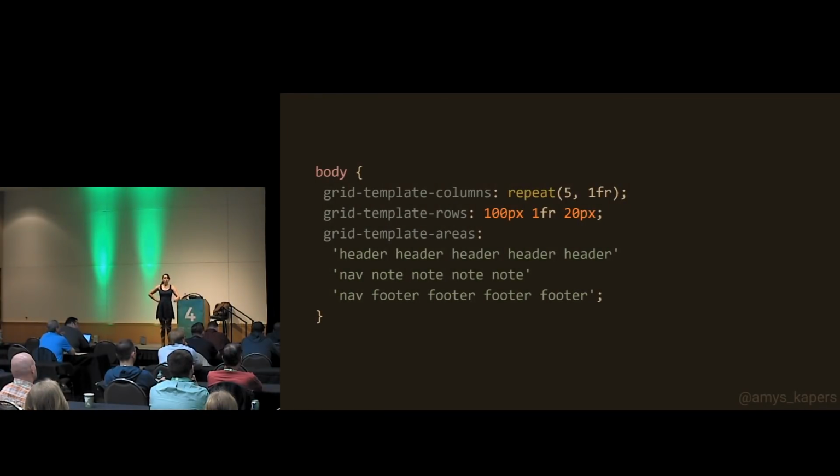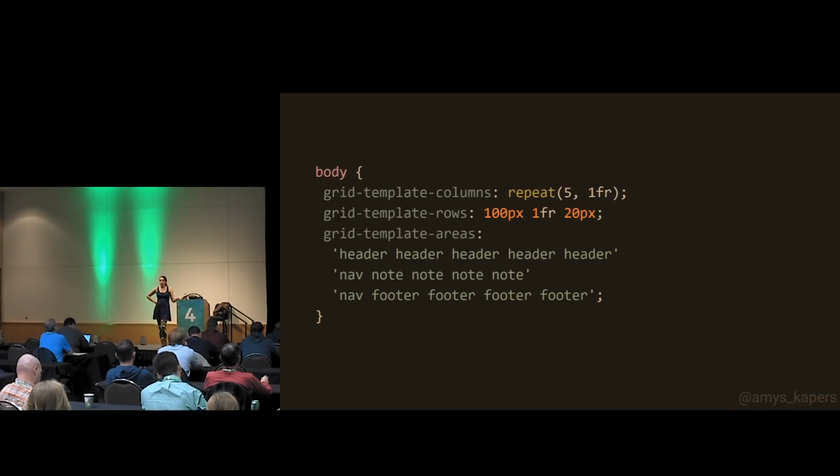Now you can also define this using the grid template areas property. What this does is it allows you to name specific areas of your grid. You can see here in the grid template areas, we've got a different word matching up to each of the columns we've got. So each line has 5 words, and then we've also got 3 lines. So that's 1 for each of the rows.